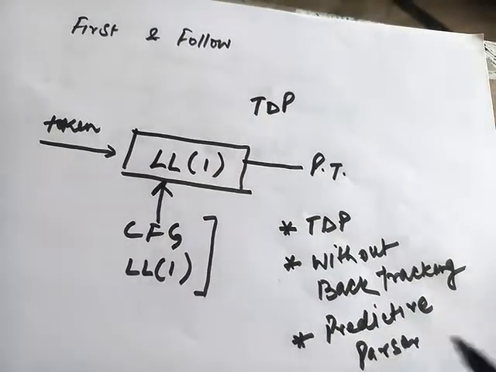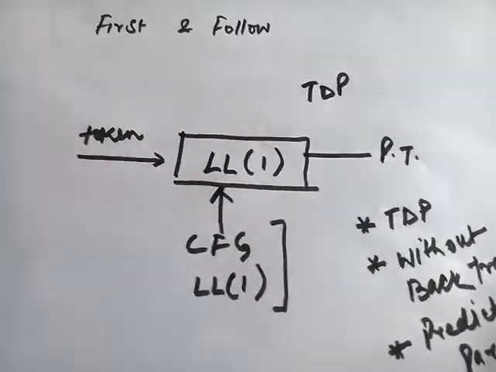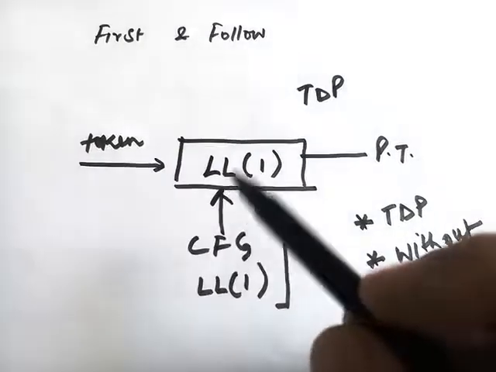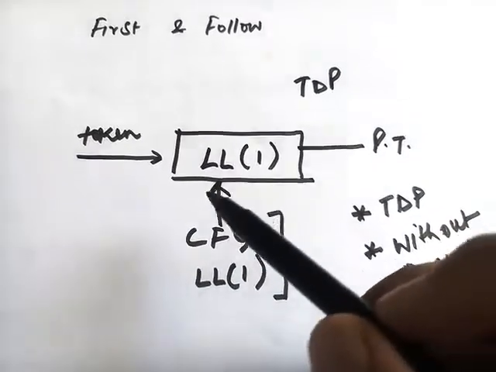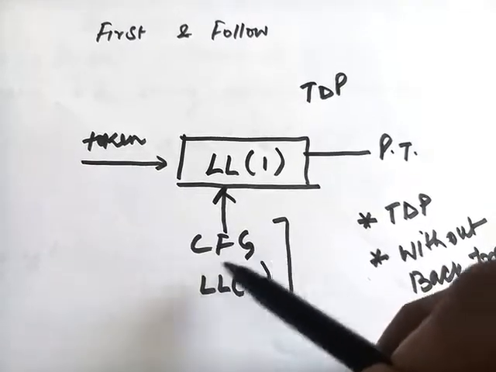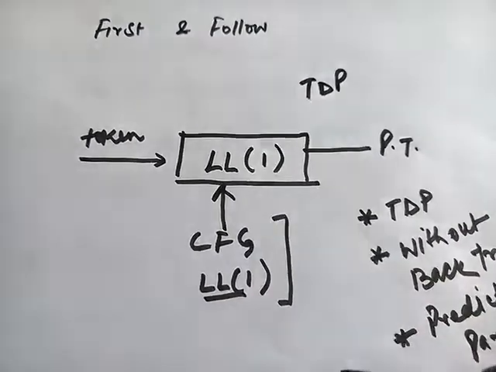So the basic idea is that it's a top-down parser, and the objective of this parser is to accept the tokens and generate a parse tree. And to generate a parse tree, this parser is going to use a grammar, and that grammar is a context-free grammar, and that is also an LL1 grammar.